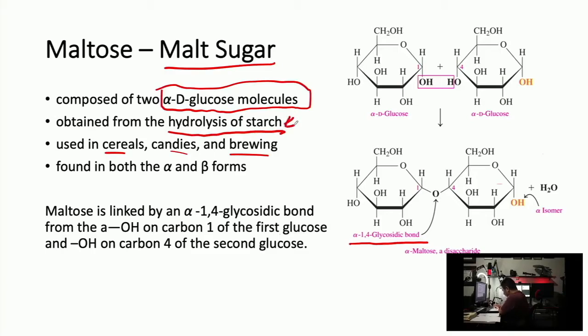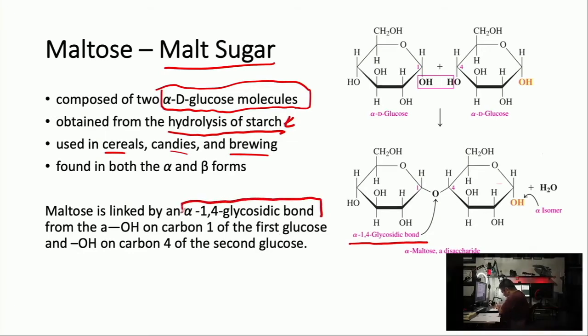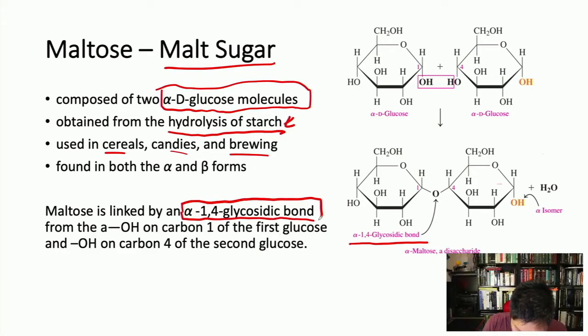What's starch? Starch is just a polysaccharide. Many of these glucose molecules attach to each other, which we'll talk about a lot later. But the important thing to remember is that maltose is those two glucoses linked through an alpha 1,4 glycosidic bond.